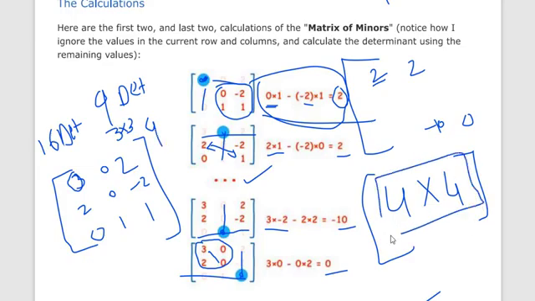So in 4 by 4 using the determinant method, this method will become complicated, or let's say time consuming. So if you have a 4 by 4 or 5 by 5 matrix, it's better to use Gaussian elimination to find the inverse of a matrix than this method. You can get the answer, both will give the same answer, but this method is a bit complicated for higher order matrices.